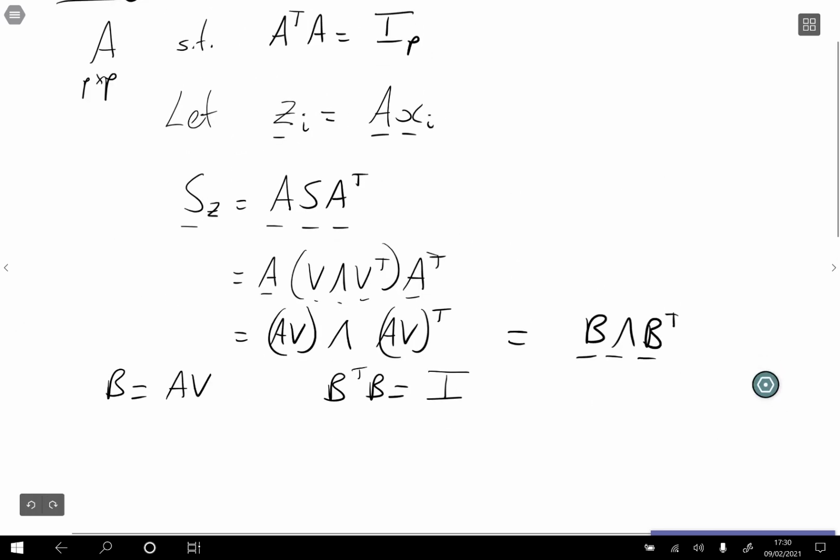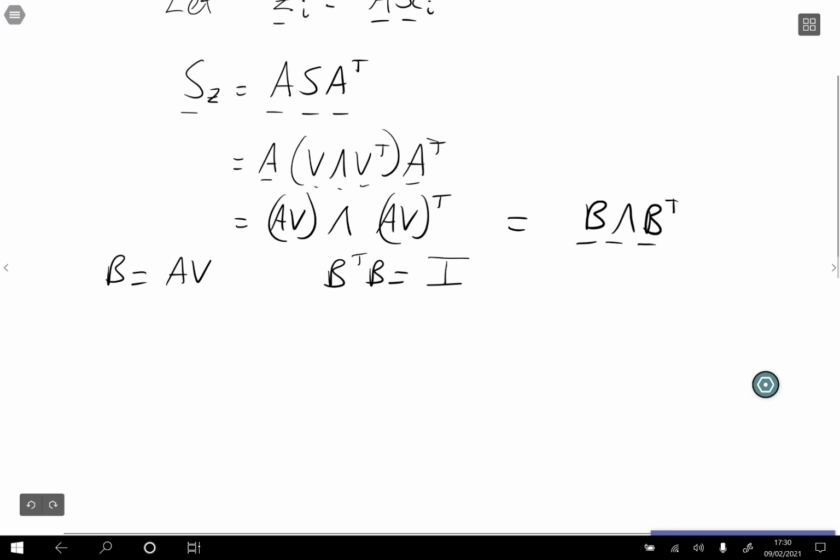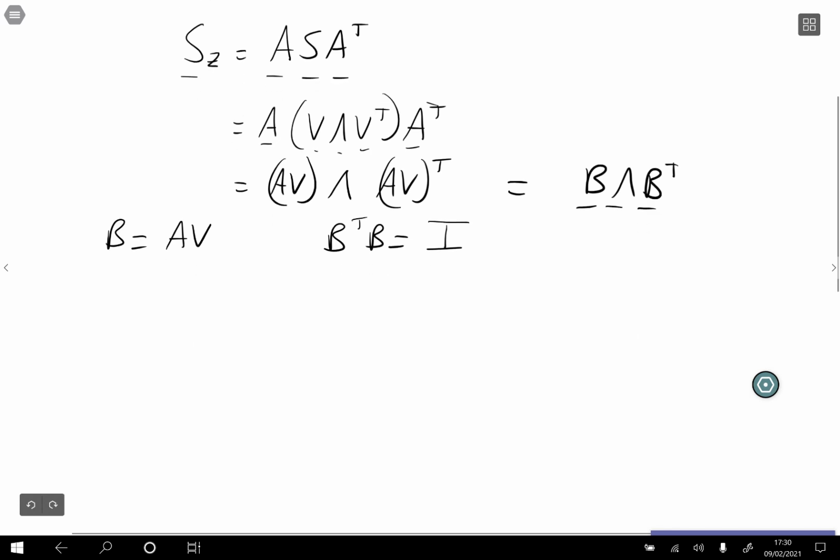So essentially what happens when we multiply the data by an orthogonal matrix A is we multiply the principal components, the loading vectors, the eigenvectors, by A as well. So the eigenvectors Bi are A times Vi.